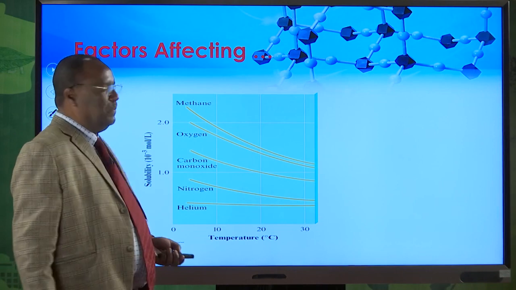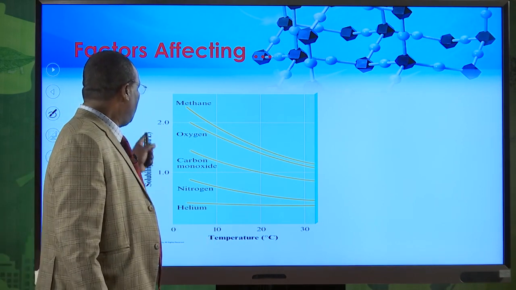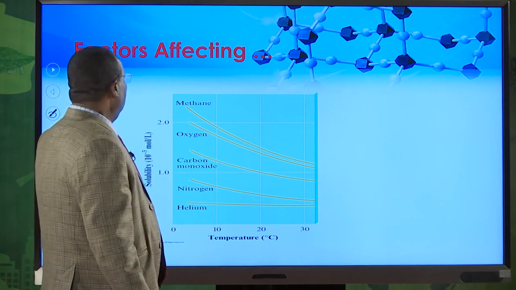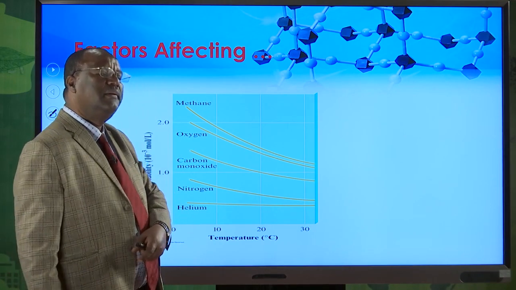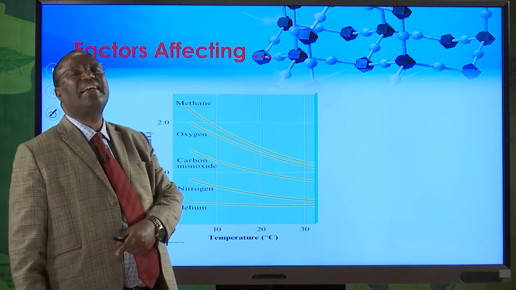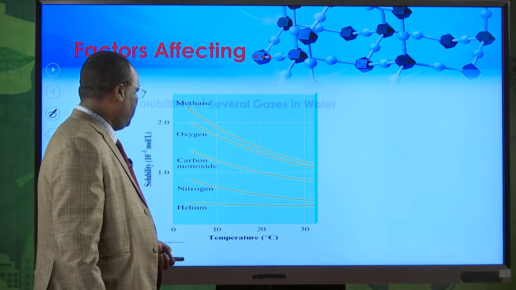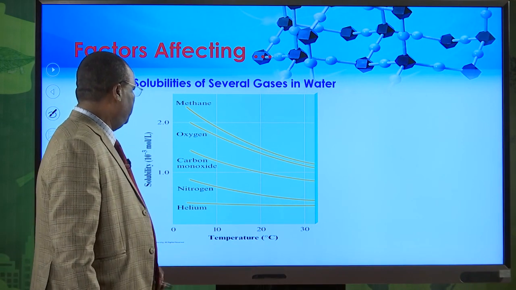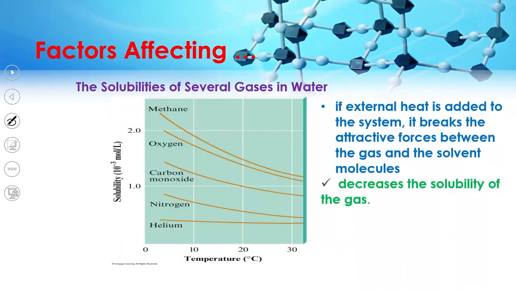Look at these examples in this figure: methane, oxygen, carbon dioxide, nitrogen, helium. The solubility of all these gases in water decreases with increasing temperature. If external heat is added to the system, it breaks the attractive force between the gas and the solvent.